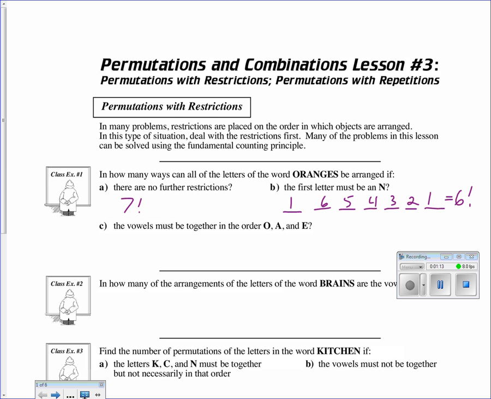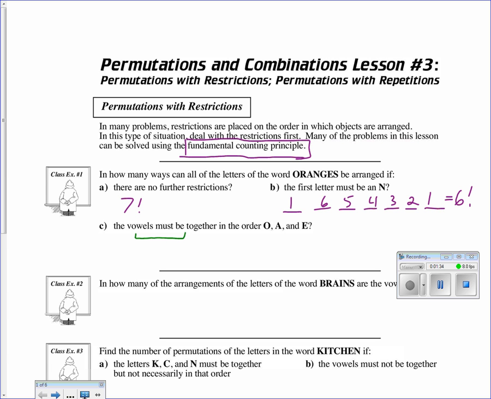But we're looking at some different ways of arranging. I'm going to try it with the fundamental counting principle. So that should be something we can rely on as a basis for solving. If the vowels O, A, E must be together in that order, I actually want to group those letters together.